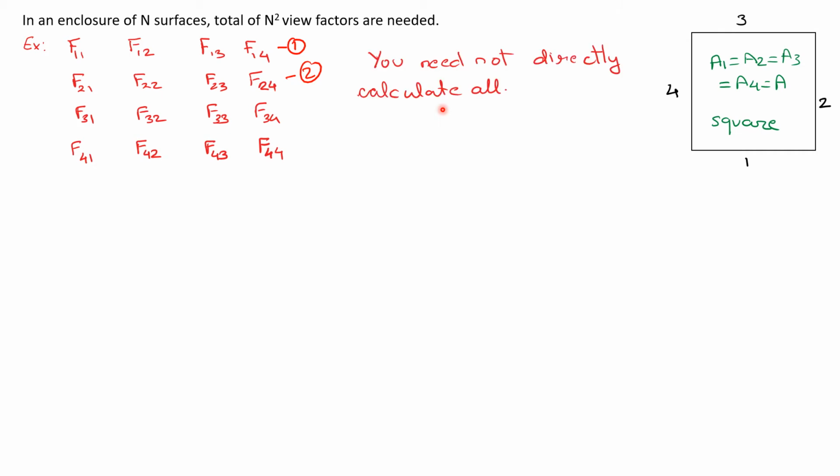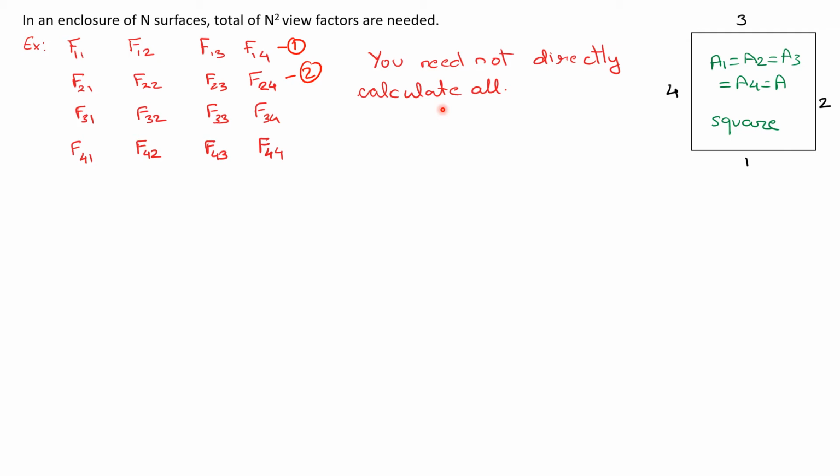But you need not directly calculate all the view factors. You can use the two rules that we just defined, the reciprocity and the summation rule, and also the fact that for plane and convex surfaces, the view factor of a surface viewing itself will be 0.